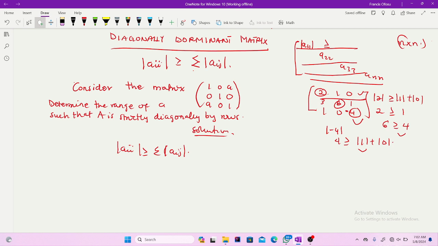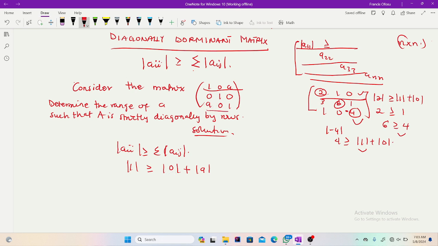So with this, when I come to my matrix, for this row, the absolute value of 1 should be greater than or equal to the absolute value of 0 plus the absolute value of A, right? Using this alone, I can find it. I can also use the last row, wherever A is.